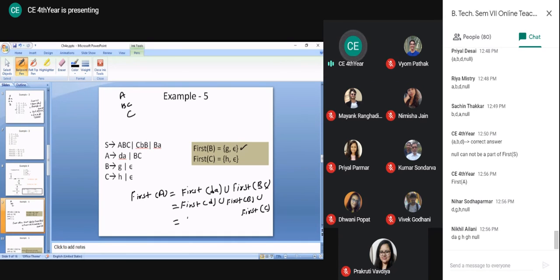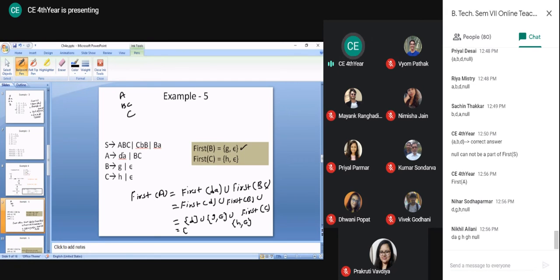So now this will be your small d union first of B. So first of B is your G and null, union first of C, H and null. So now if I combine all this, what is the rule? If we are getting a null in all the productions.